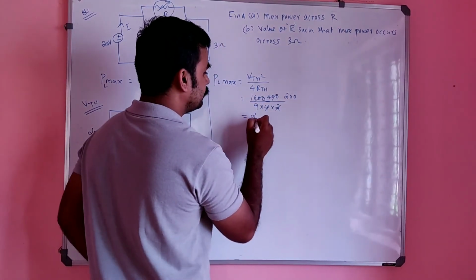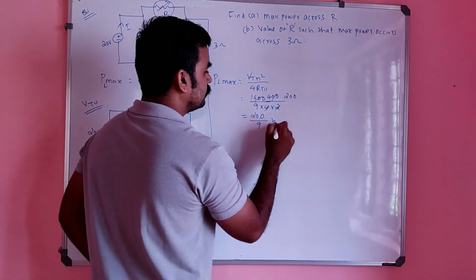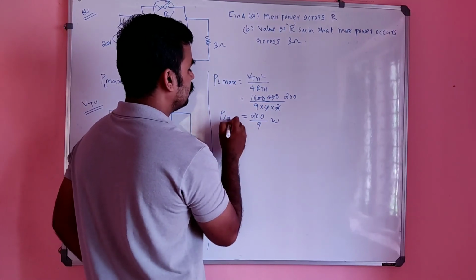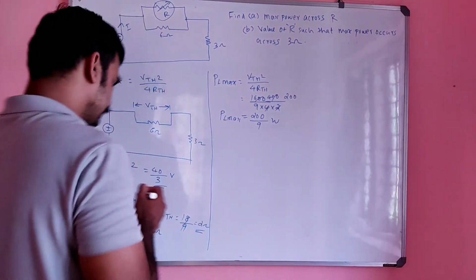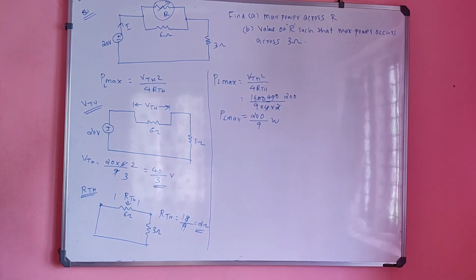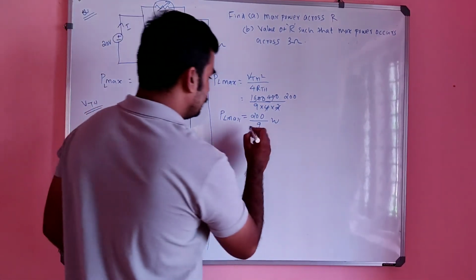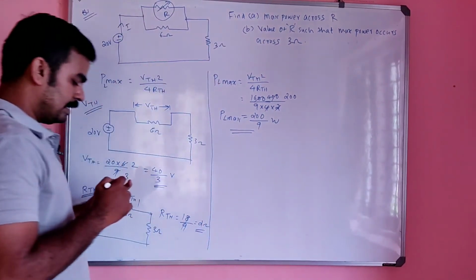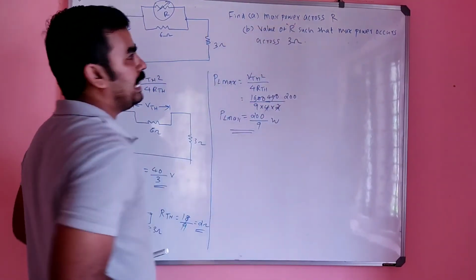So it will become 200 by 9 watt. Let's check the answer. Correct, 200 by 9 watt. Is it clear to you, beta? So this is the answer for A.